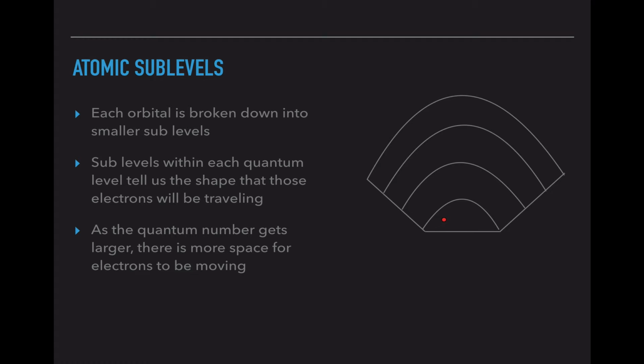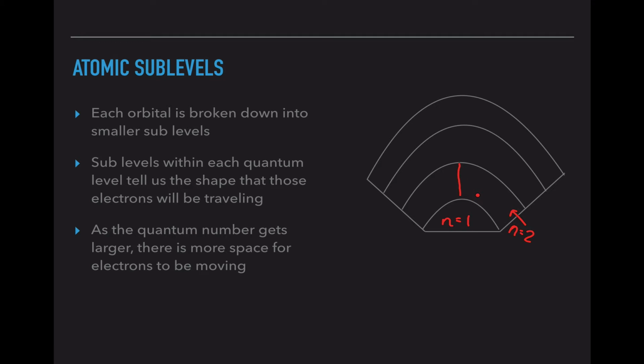So the quantum level of 1, this is n equals 1, there is only one sublevel. So there is one shape or one pattern for the electrons to travel through. The next level is quantum number of 2. So this is n equals 2 in this section. And notice there are 2 sublevels.